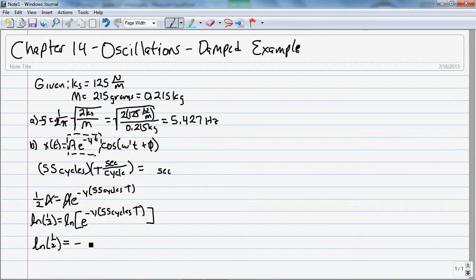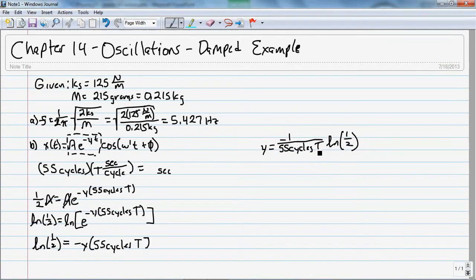And that leaves me with negative gamma times 55 cycles times T, the period, on the right hand side. Now I just need to solve for gamma. And that's going to be equal to negative 1 over 55 cycles times my period times the natural log of 1/2.